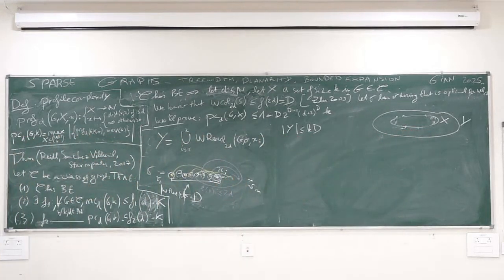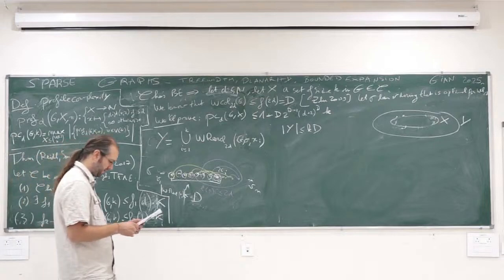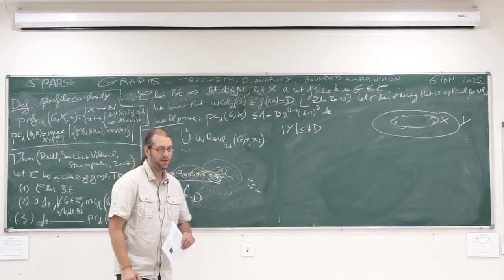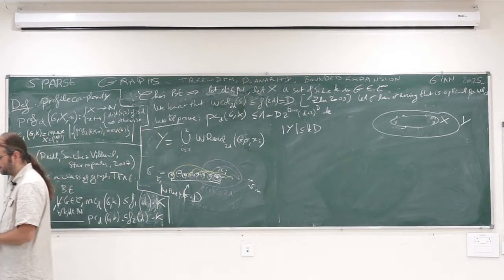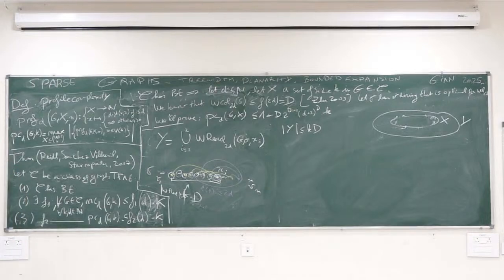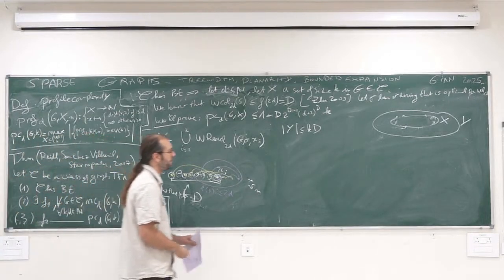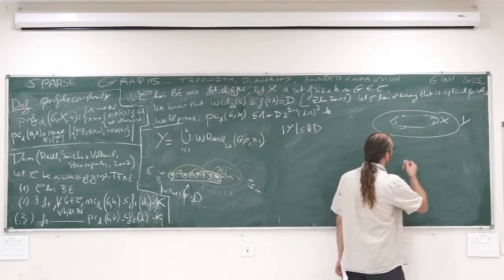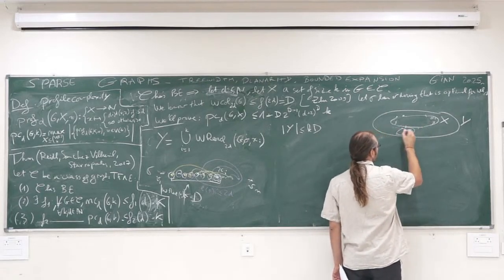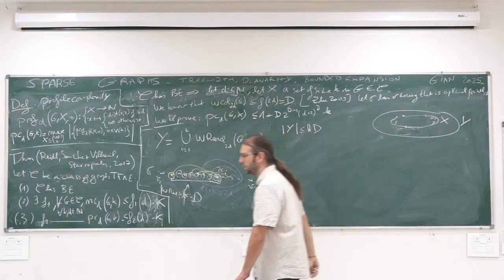So let me tell you what the general strategy is before I go into the details. Our general strategy will be to construct something which is called a guarding set. What will be a guarding set?